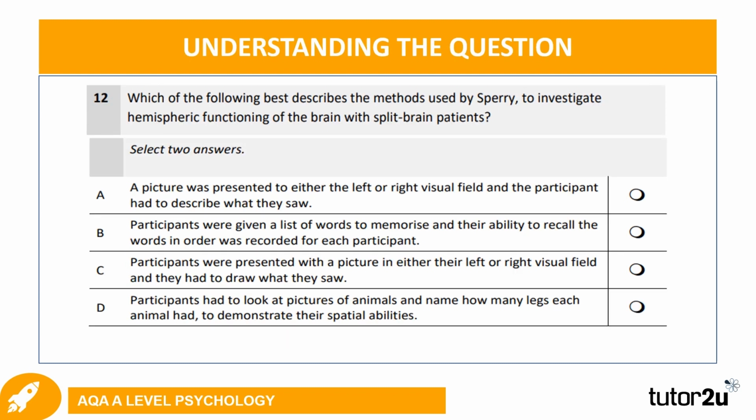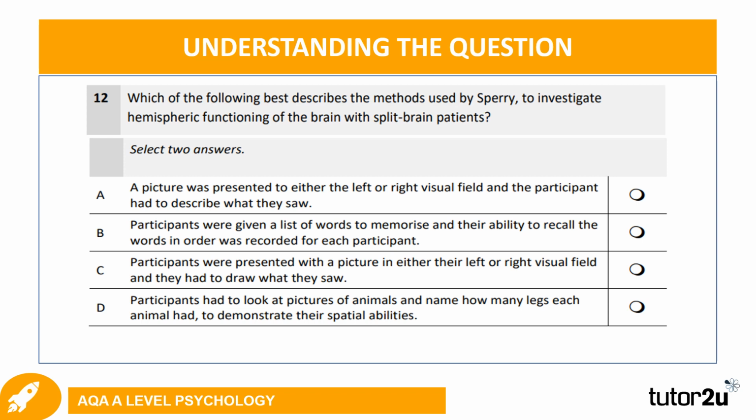Again, you need to identify two answers for question number 12. So which of the following best describes the method used by Sperry to investigate hemispheric functioning of the brain with split brain patients? A, a picture was presented to either the left or right visual field, and the participant had to describe what they saw. B, participants were given a list of words to memorise, and their ability to recall the words in order was recorded for each participant.